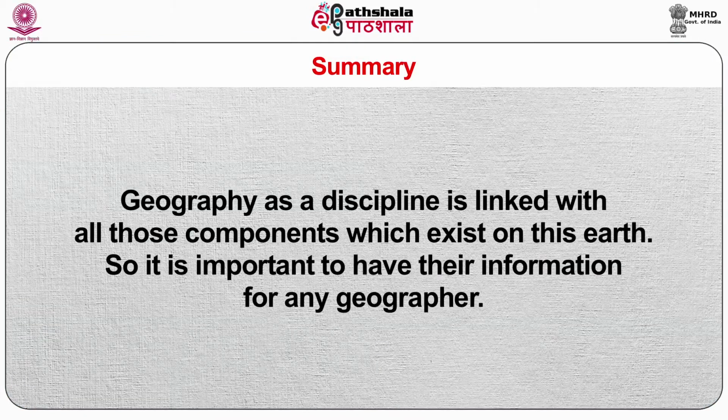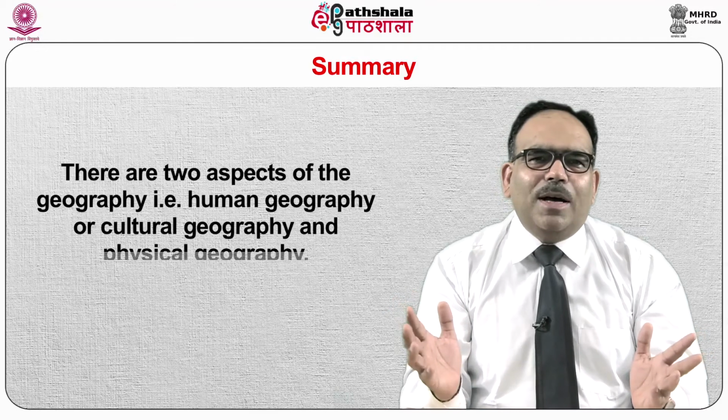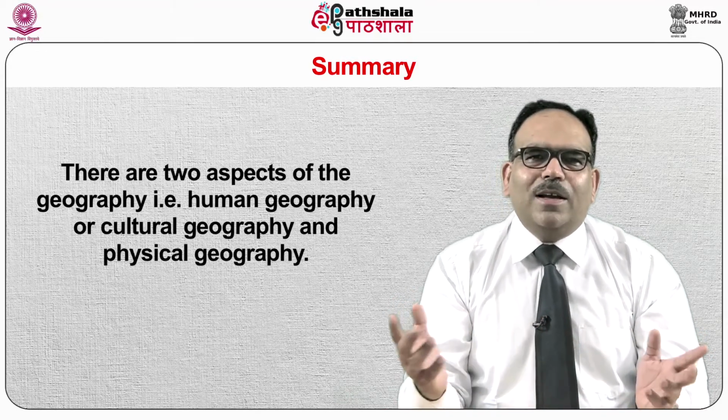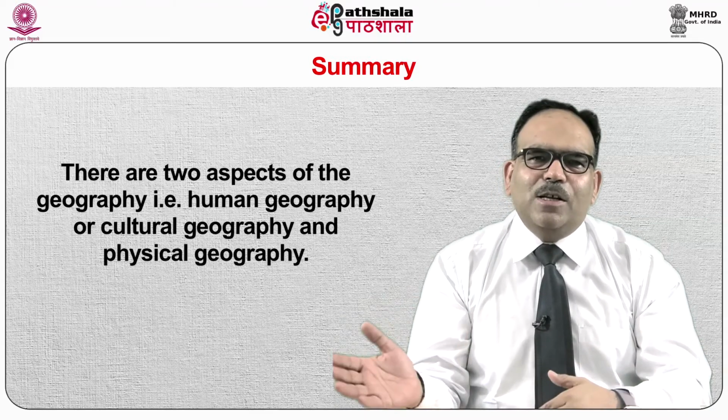Geography as a discipline is linked with all those components which exist on this earth. So it is important for any geographer to have their information. There are two aspects of geography, that is human geography or cultural geography and physical geography.